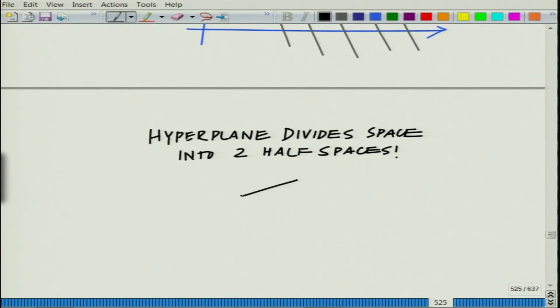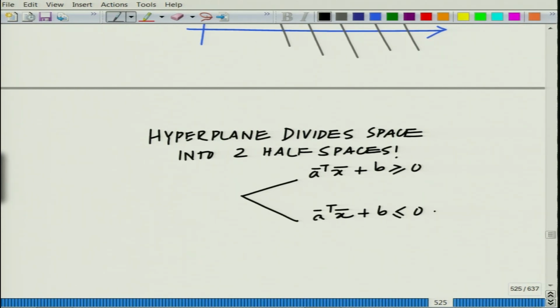What is the first half space? That is A bar transpose x bar plus b greater than or equal to 0, and the other one is A bar transpose x bar plus b less than or equal to 0.